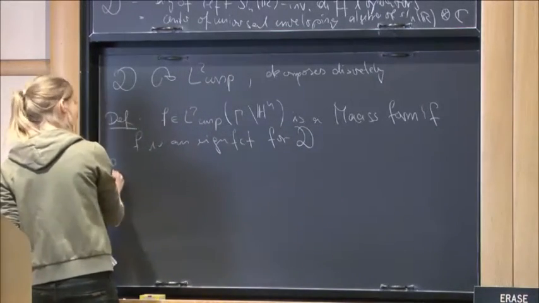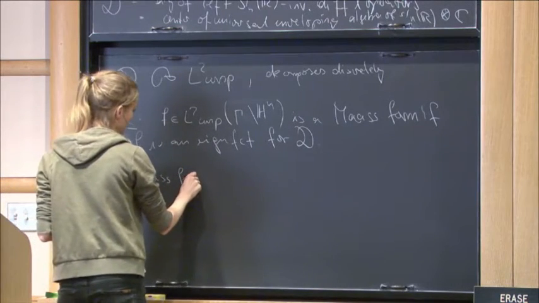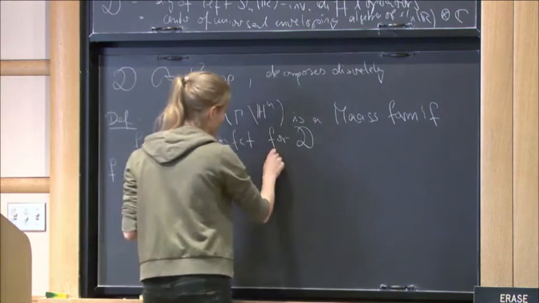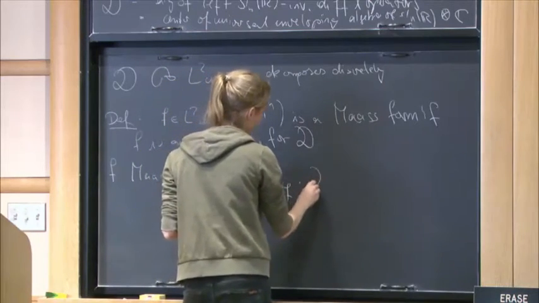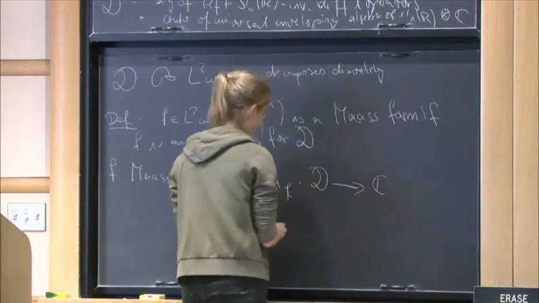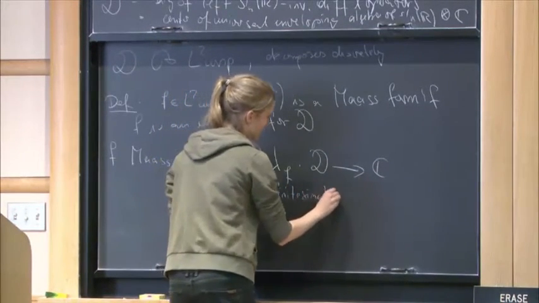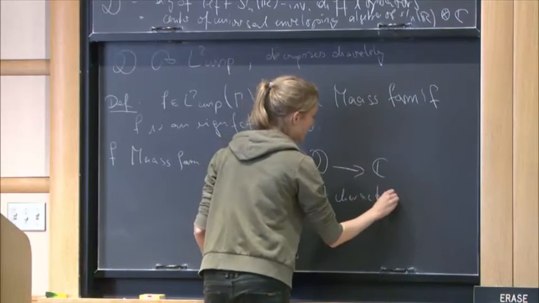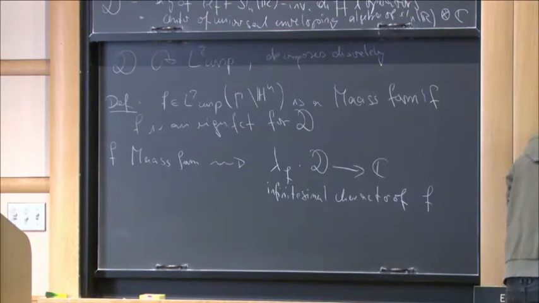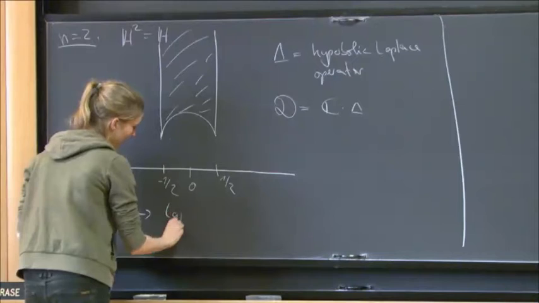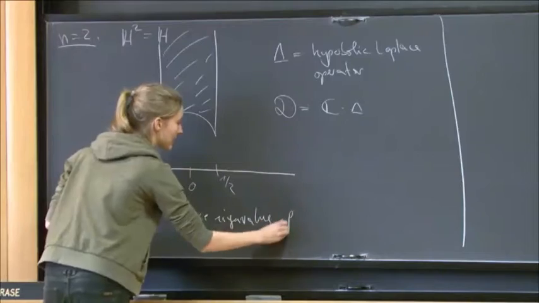And so if f is such a Maass form, this just means that we can associate an eigencharacter to f on D, which is usually called the infinitesimal character lambda_f of f. And for SL2, lambda_f just corresponds to the Laplace eigenvalue of f.